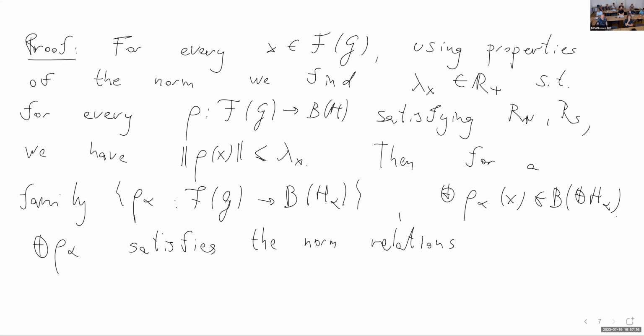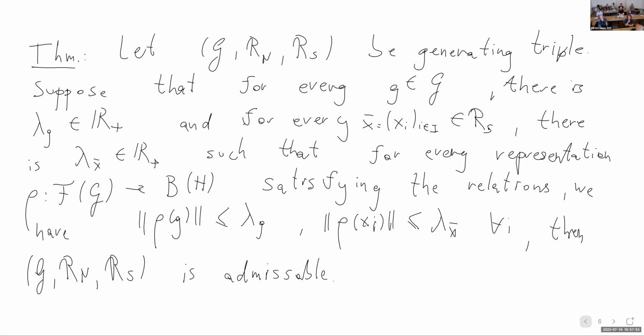Then the thing is to prove that it also satisfies the SOT relations, and for that it's important that we have a bound that is uniform for all elements in the net, because otherwise you wouldn't be able to prove this.